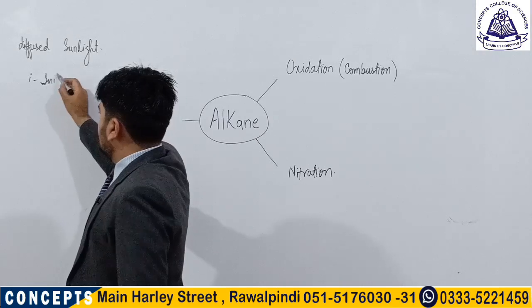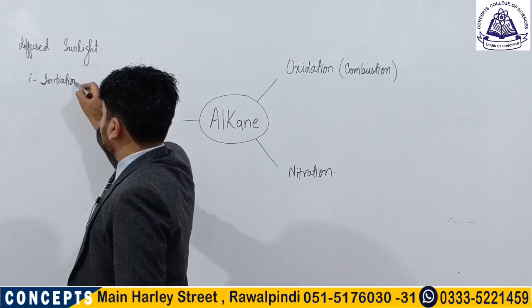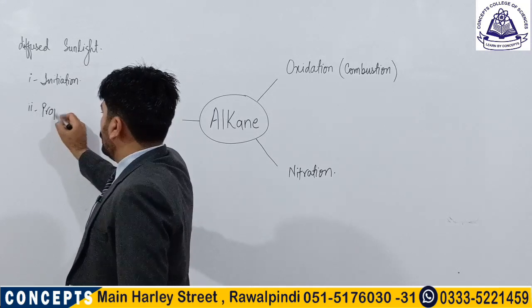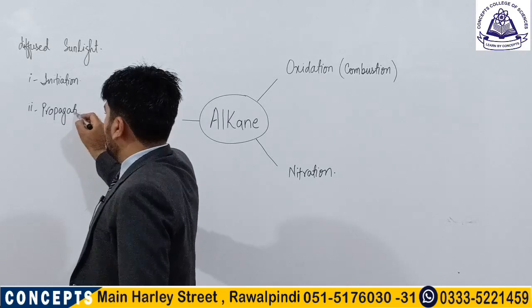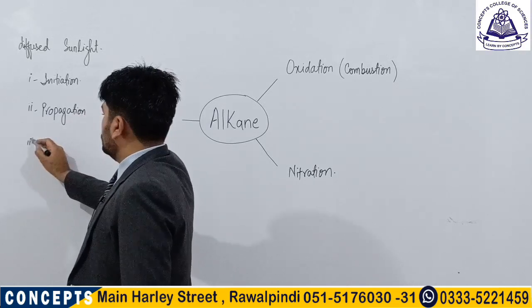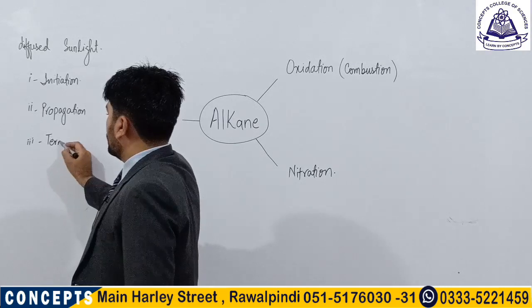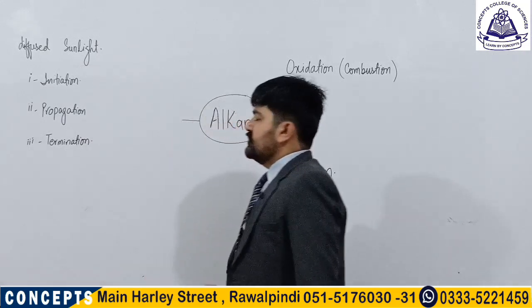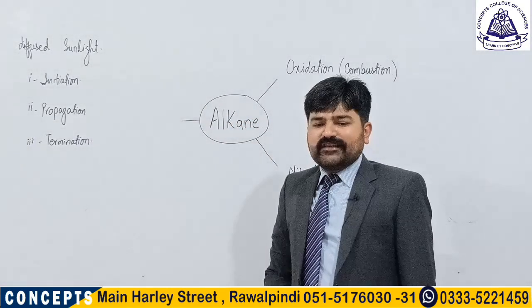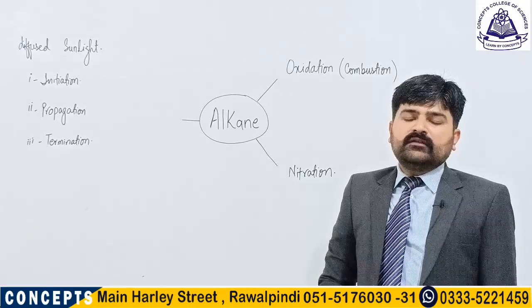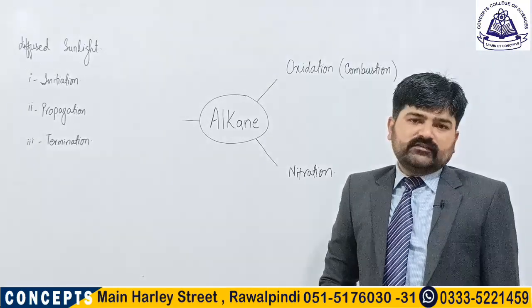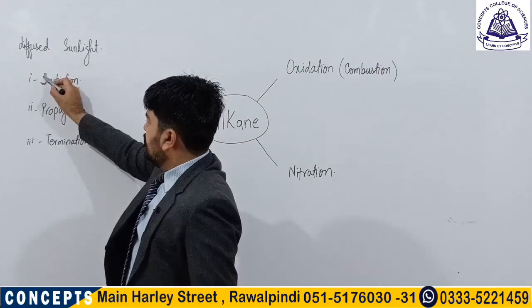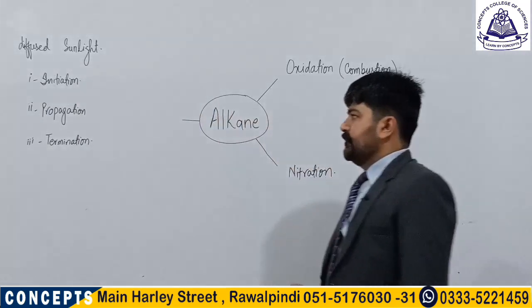Number one is initiation. Number two is propagation. And number three is termination. Dear students, these three steps are consecutive and random in lab or in everyday science, but for understanding we describe them separately on the board.